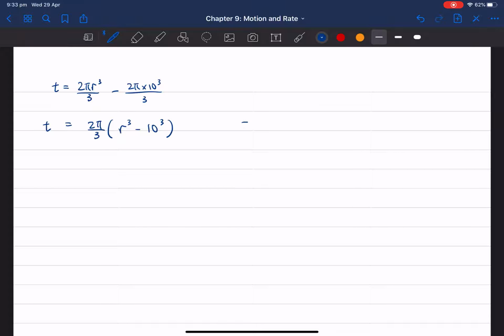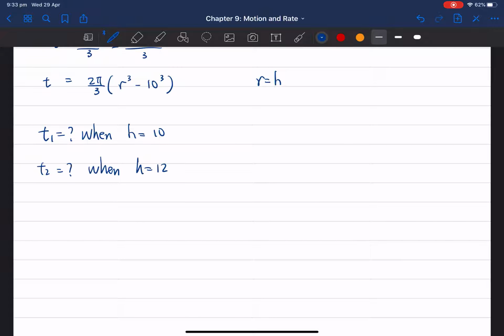Alright, so we know that the height is equal to the radius, so r is equal to h. We're going to find the time 1 when h is equal to 10, and the time 2 when h is equal to 12, and then we can find the time difference to solve the question.